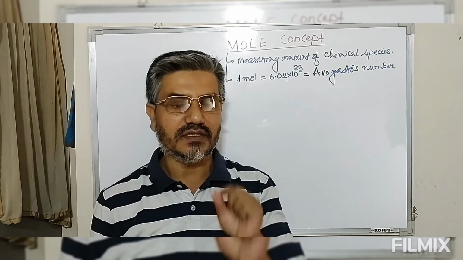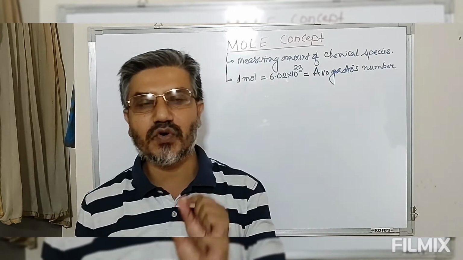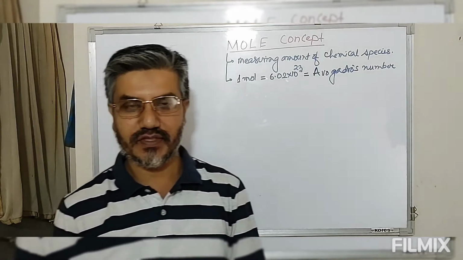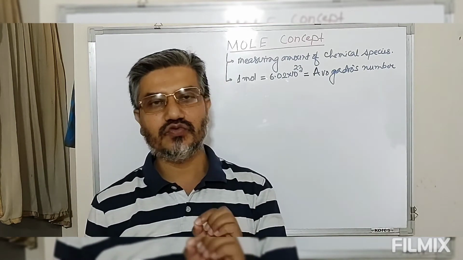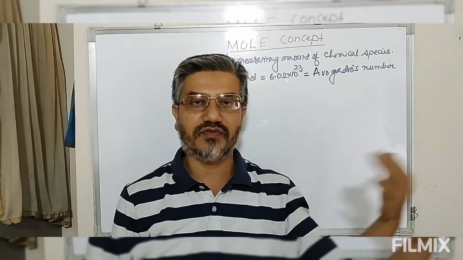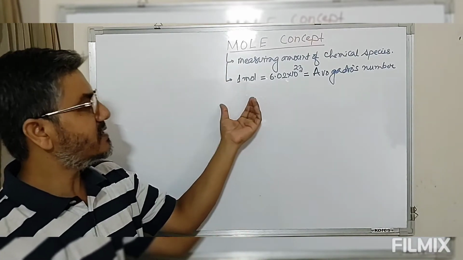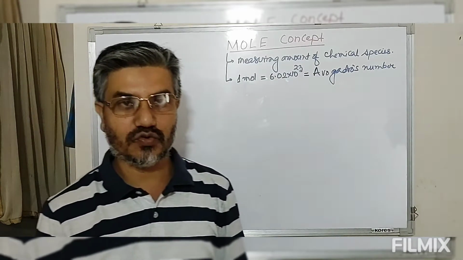These 12 gram were found to contain 6.02 × 10^23 atoms of carbon 12. So the mass of 6.02 × 10^23 atoms of carbon 12 was found to be 12 gram. From that, this value 6.02 × 10^23 comes into picture.